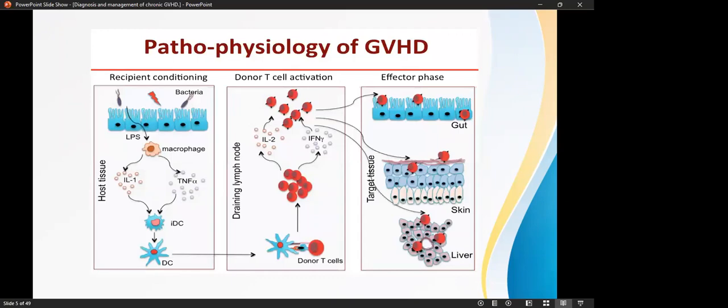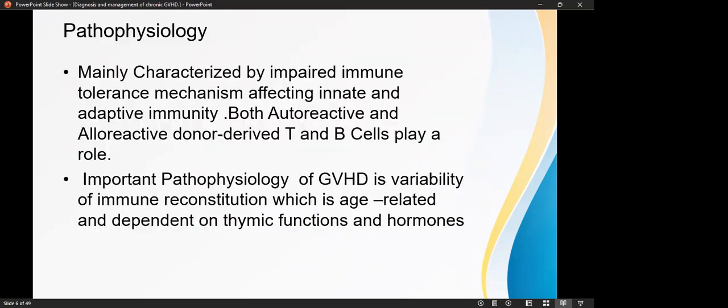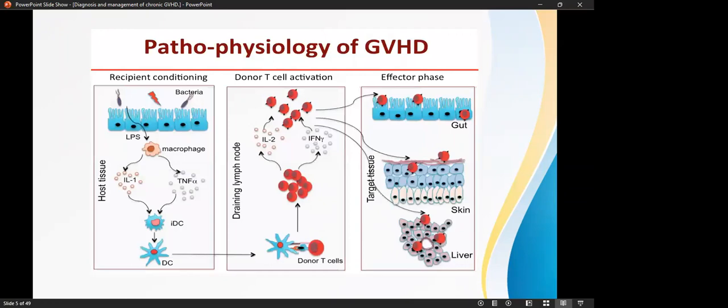And the pathophysiology of acute GVHD begins with damage to the recipient's epithelial lining as a result of chemotherapy or infection, which results in the release of endotoxin from the bacteria, leading to the activation of macrophages.